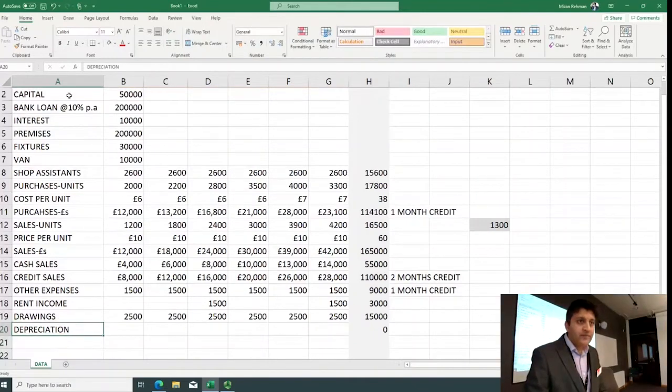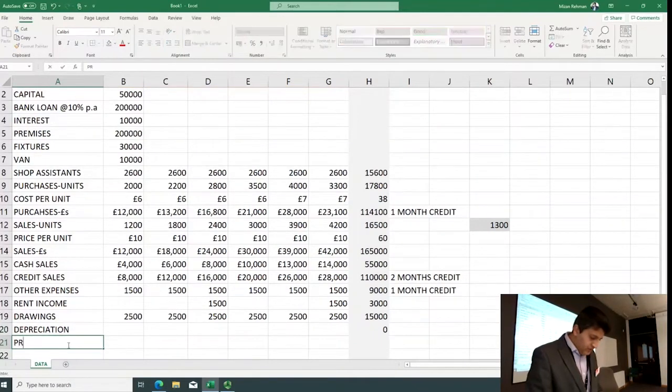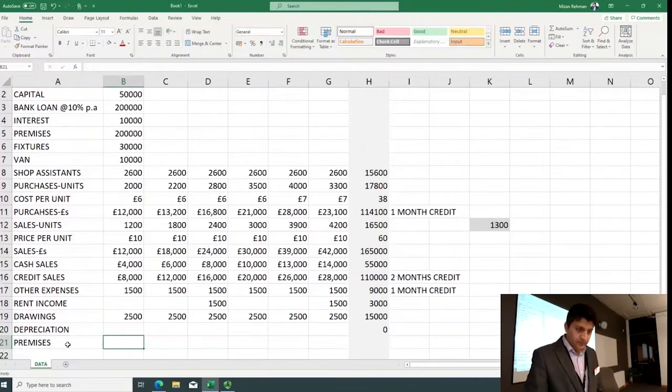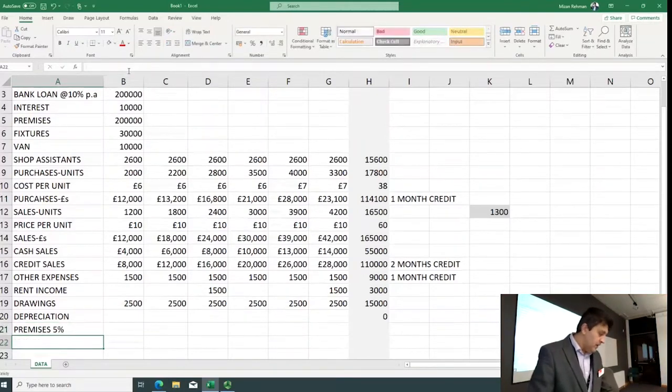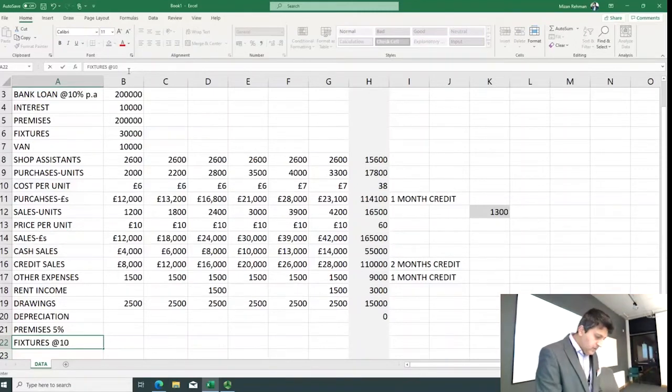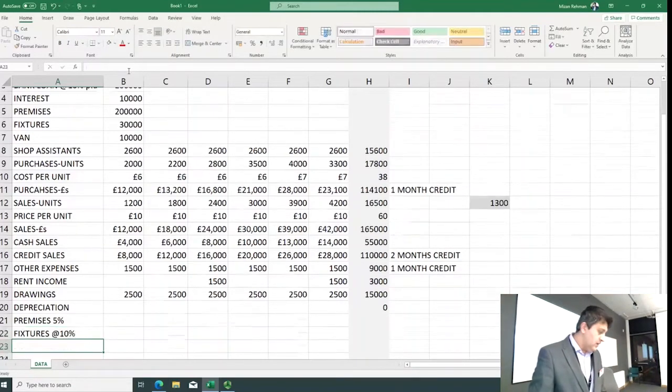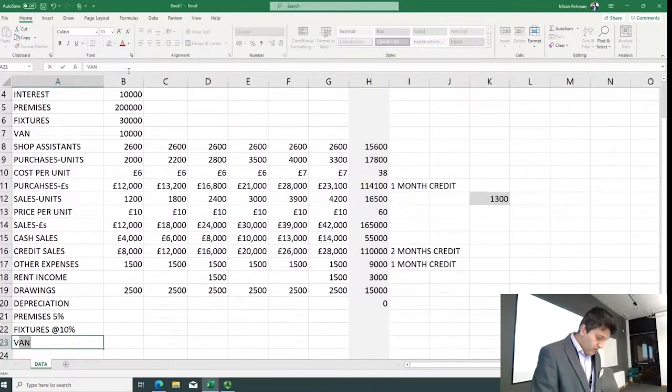So what do we have? Premises at 5%, and shop fixtures at 10%, and the van at 20%.